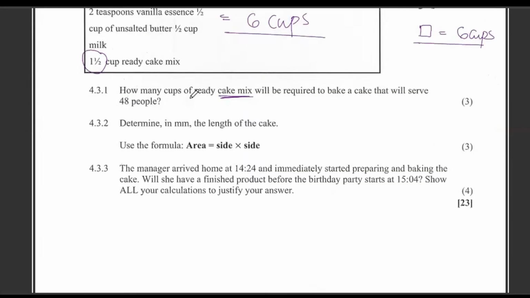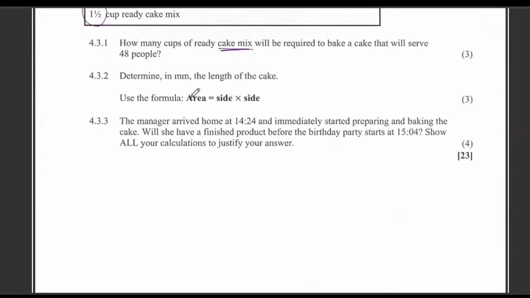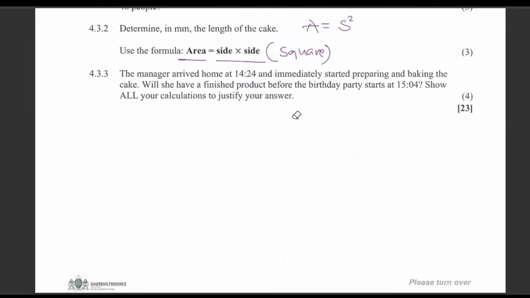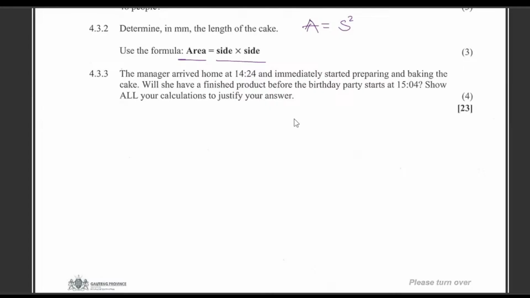Okay, let's continue and we see: determine in millimeters the length of the cake. Now, the moment you see this, what has to come in your head is that it's a square. So we already have the area, and we are looking for only one S. That means area equals S squared, S standing for the side.